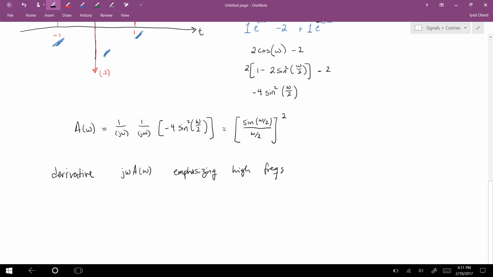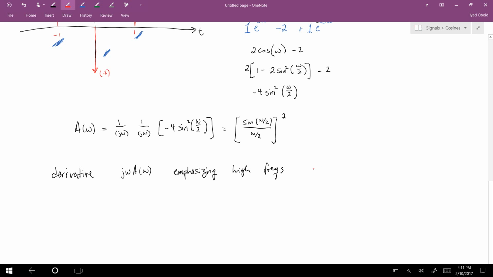If your original A of omega has some high frequencies in it, those high frequencies are going to get multiplied up, whereas low frequencies are going to get multiplied down. Low frequencies that are close to 0 will get much smaller when you take the derivative, whereas high frequencies are going to get much bigger. And that sort of makes sense, right?